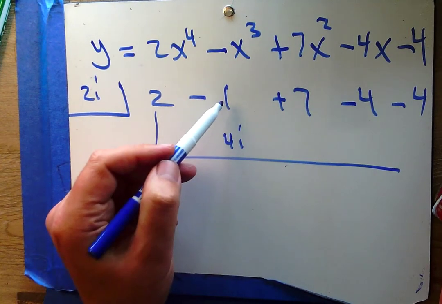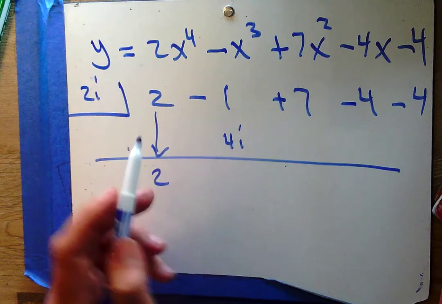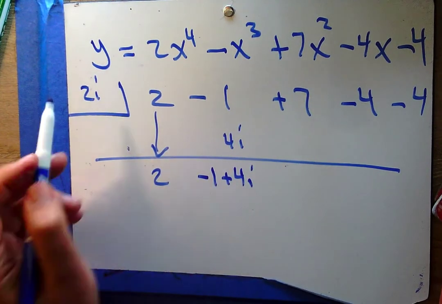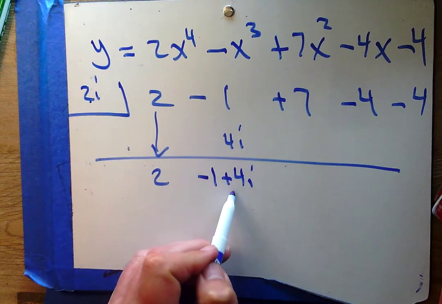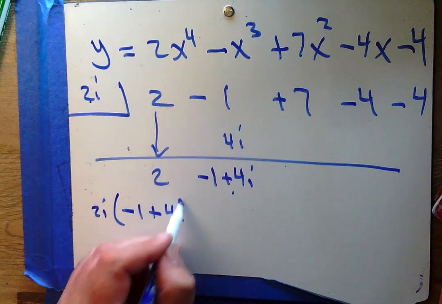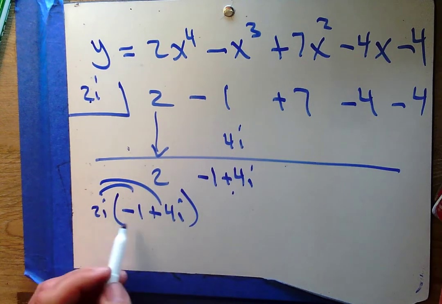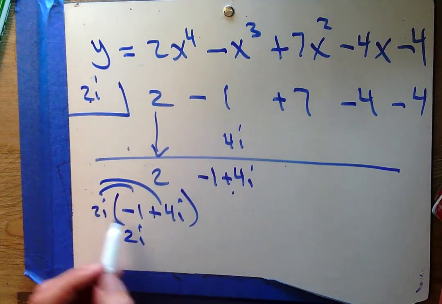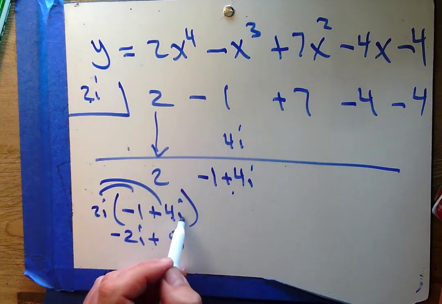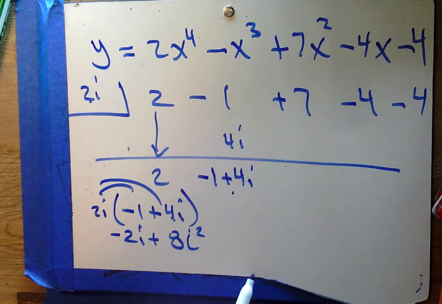This doesn't have any i's. This does. I can't do anything but write that. Now I have to multiply this times this. So I'm looking at 2i, negative 1 plus 4i. And I distribute. I'm going to have negative 2i, and then 2 times 4 is 8. i times i is i squared.